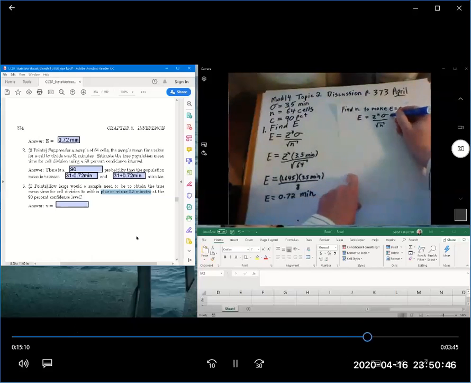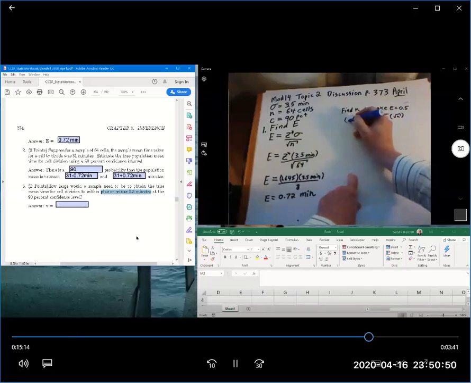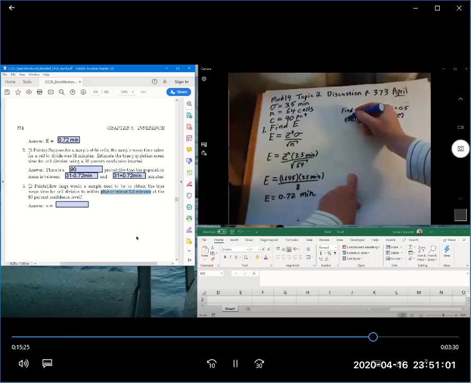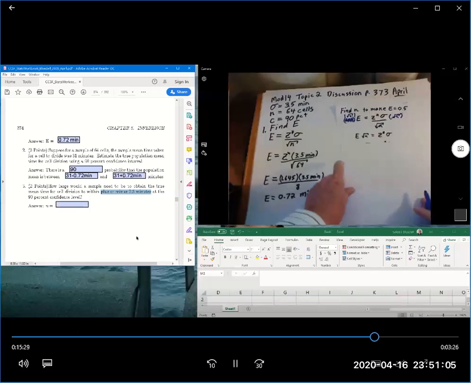The square root of n cancels on one side, and this one's still there. So I come to E times the square root of n equals z star times sigma.